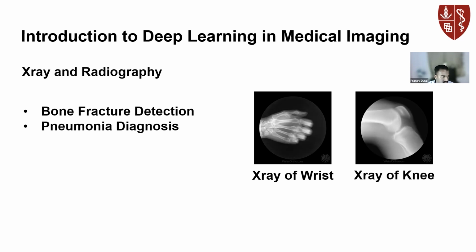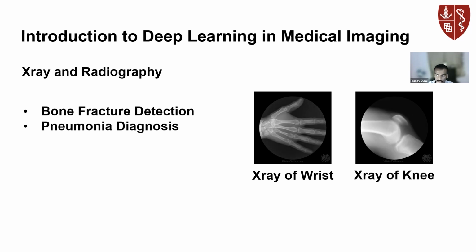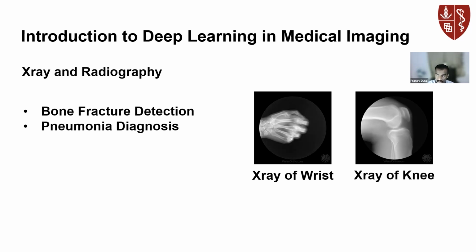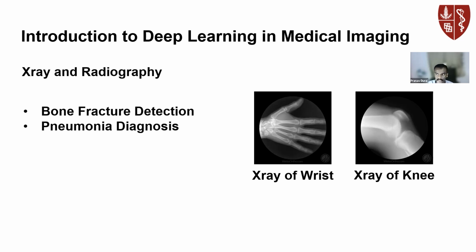So the first thing that we could do is you could do a little bit of bone fracture detection, right? And this could be done using object detection models, which we spoke about in one of the previous slides, right? So you could train an object detection model with a region of interest, which would be the crack in the bone, and you would have multiple samples of these images with varying crack sizes, with different bone structures and different types of bones, and a lot of variations, right?